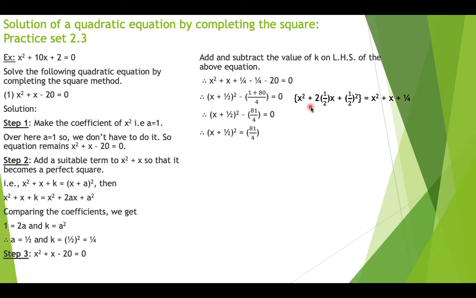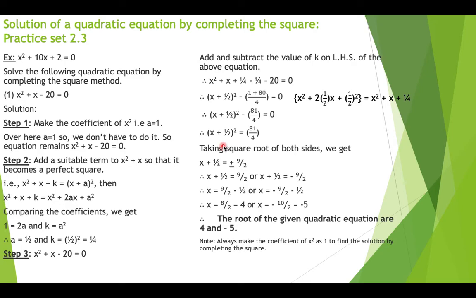We are using a plus b the whole square here. Therefore, when we solve this, we get x plus half the whole square minus 81 by 4 equal to 0.